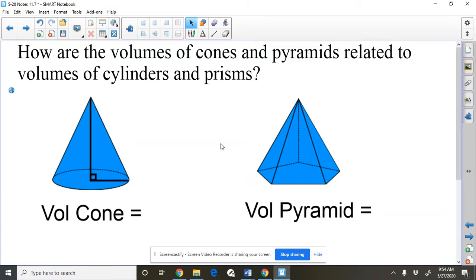So each prism had a volume of base area times height. It took 3 pyramids to fill that prism.